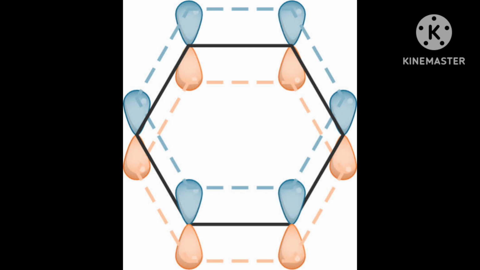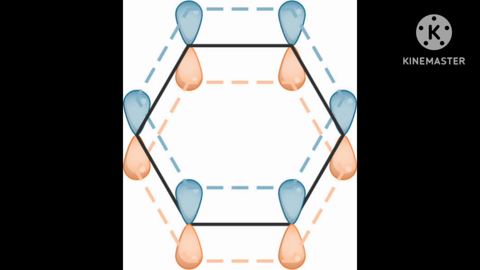Carbon number 3 and carbon number 4 each have an unhybridized p orbital, and these orbitals will overlap and make the second pi bond. Now 3 and 4 are used, so 4 and 5 will not overlap. Now carbon number 5 and carbon number 6, their unhybridized p orbitals, will overlap.